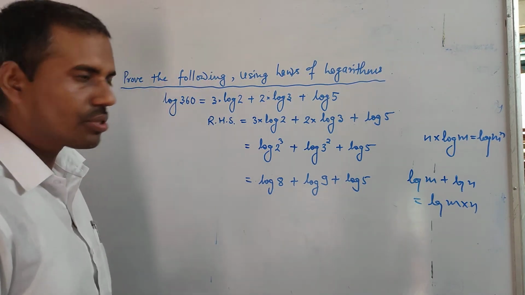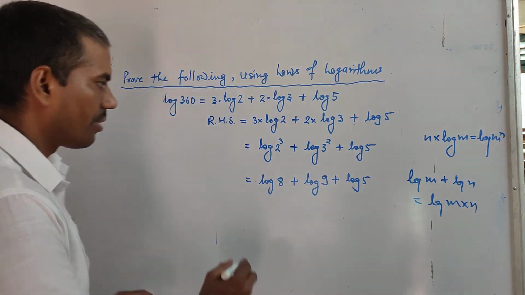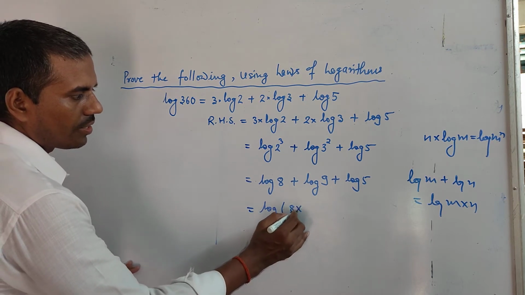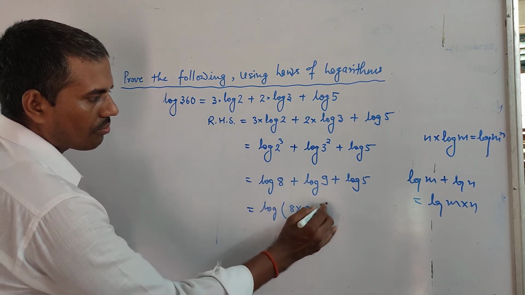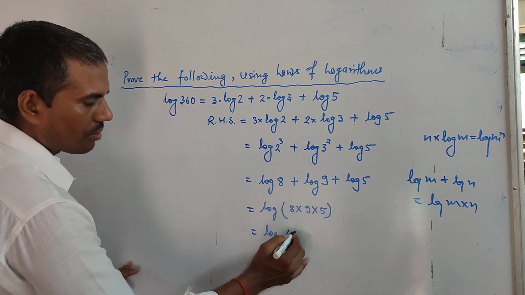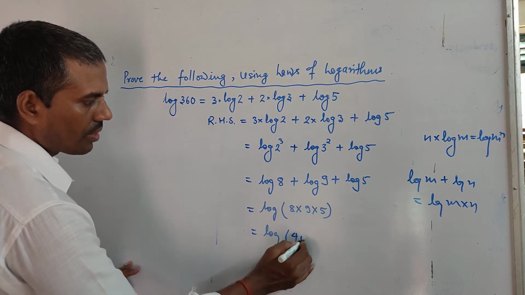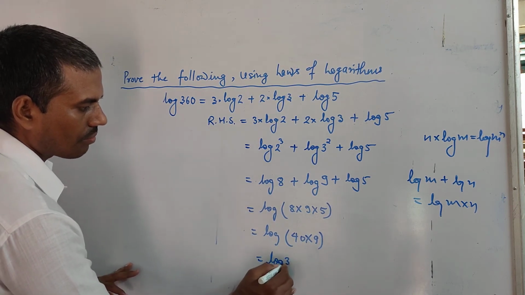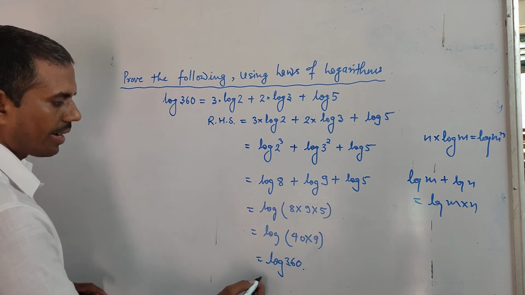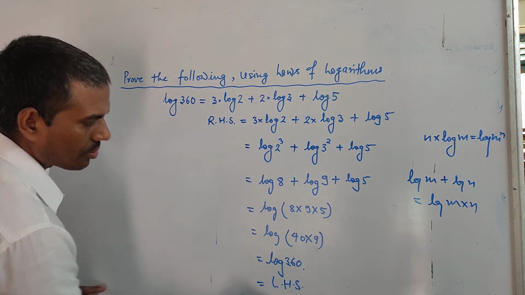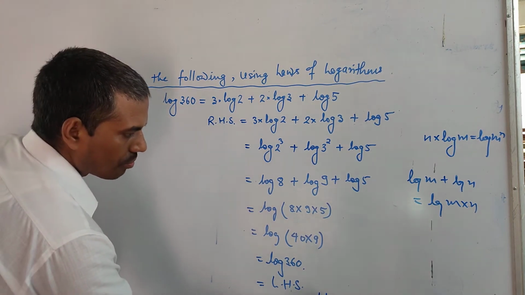So we have log of 8 into 9 into 5, and this is equal to log of 8 times 5 is 40, into 9, and this is equal to log of 360, and this is the left hand side of the given question. Hence proved.